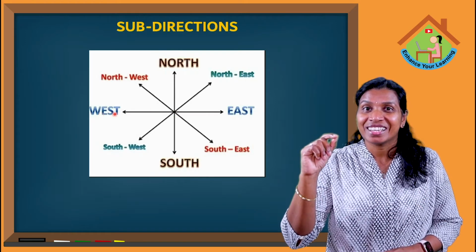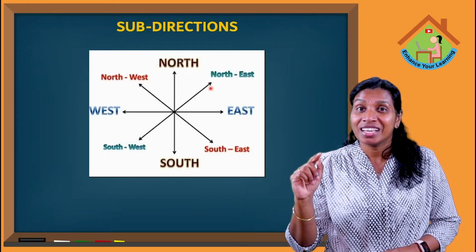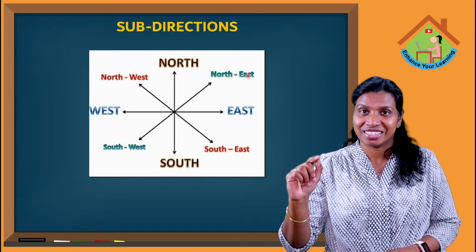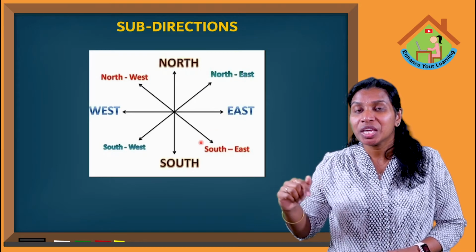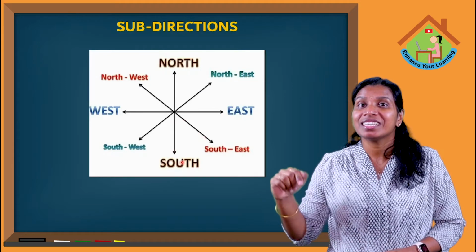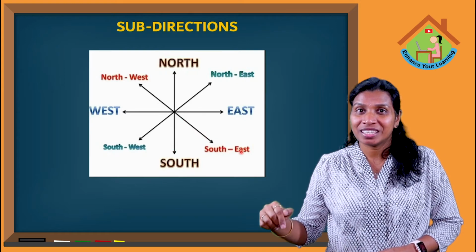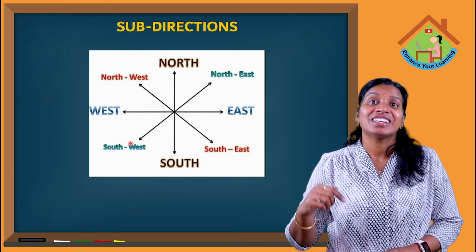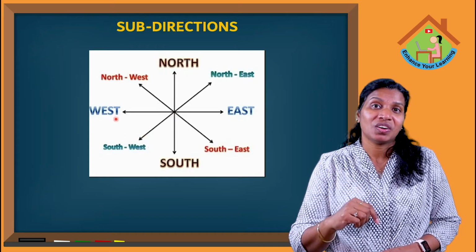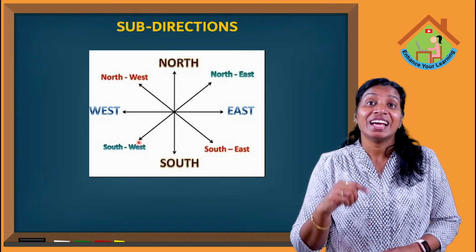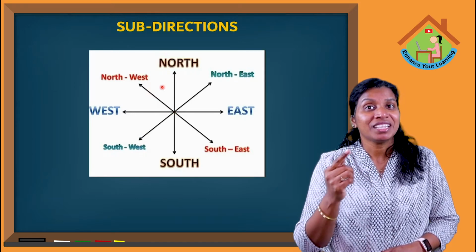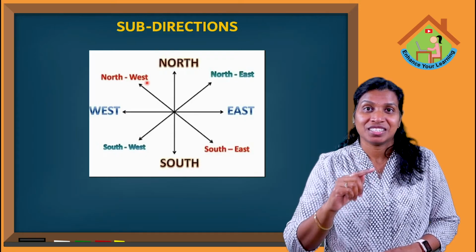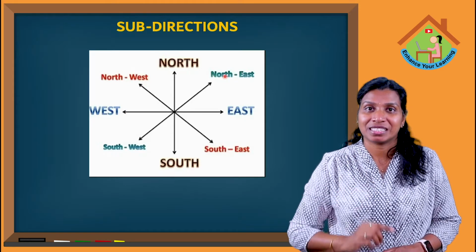The direction halfway between north and east is called northeast. The direction halfway between south and east is called southeast. The direction halfway between south and west is called southwest. And the direction halfway between north and west is called northwest. So these are all the subdirections.